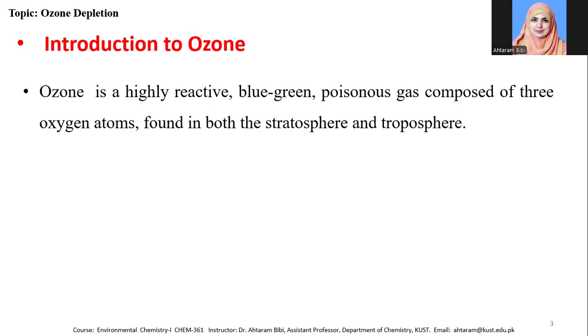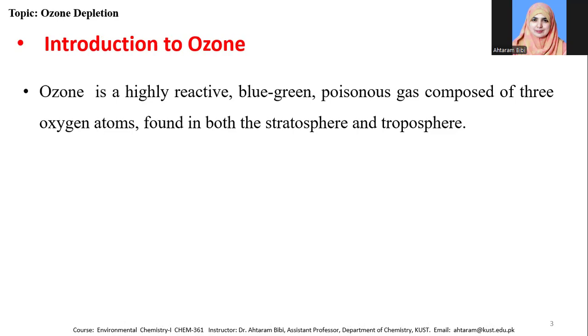So, first of all, what is ozone? Ozone is a highly reactive blue-green colored poisonous gas, which consists of three oxygen atoms, found in both the stratosphere and the troposphere.